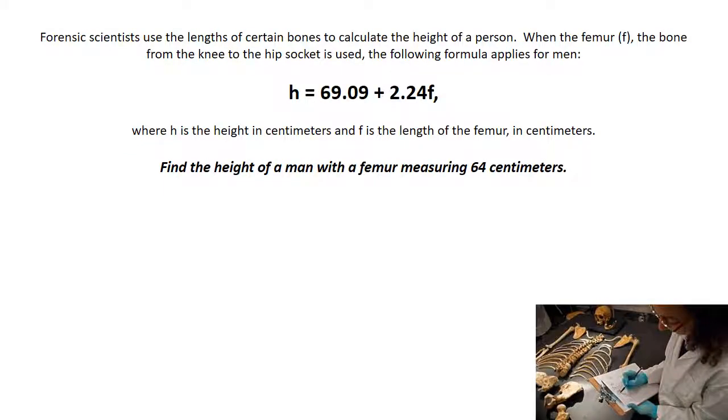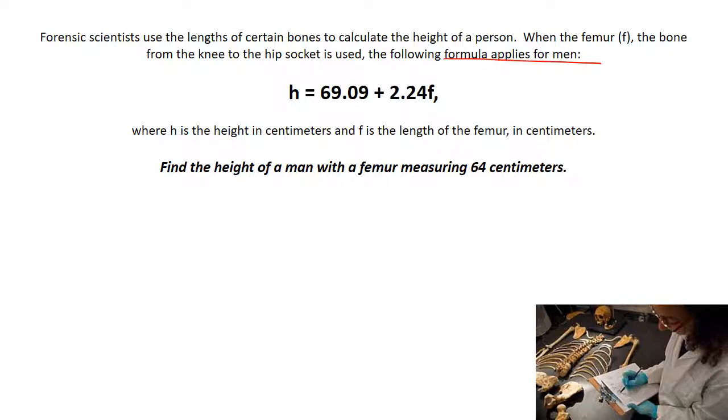Here we have a forensic scientist who has come up with a formula to determine the height of a person. In particular, this is the height for a man, because generally men and women have different patterns for height. And this is used in forensics when just a random bone is found.